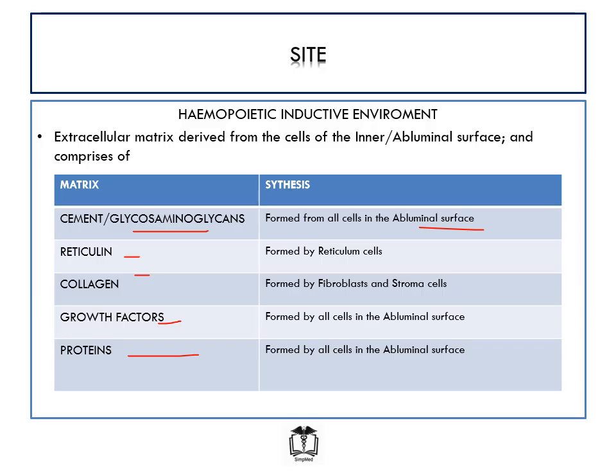All of these factors tend to be found within the extracellular matrix. The function of the growth factors there is to aid the growth and maturation of hematopoietic cells, and that's majorly their function. Growth factors are formed by all of the cells in the abdominal surface. Collagen, I didn't mention that initially. Collagen is formed by cells including fibroblasts and stroma cells. They're not really formed by other cells, but just those two.